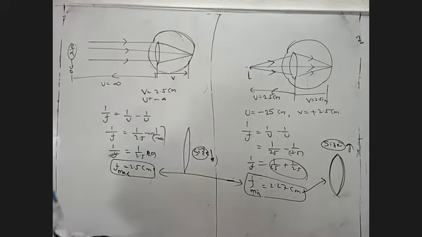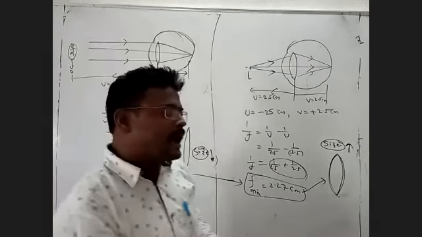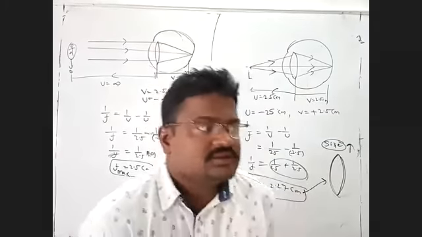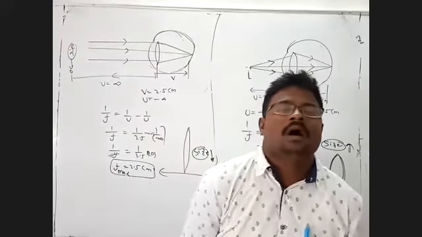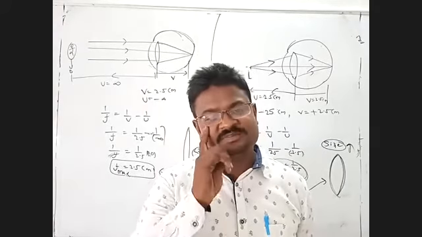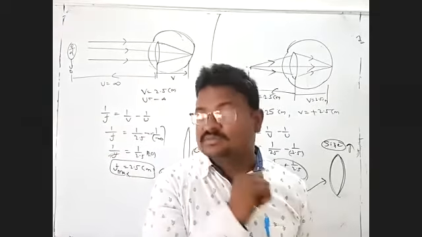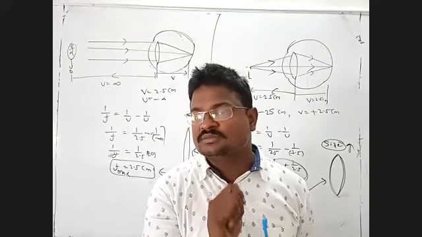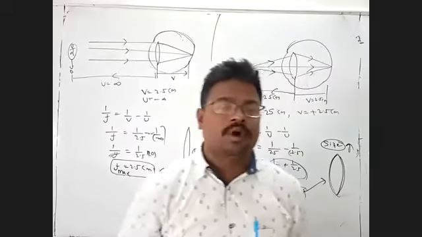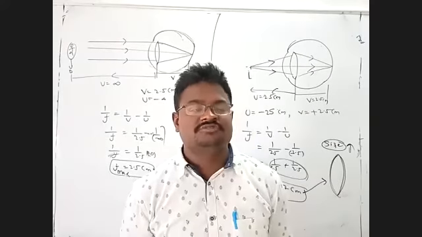Okay. Next, suppose for example the object is placed between infinity and the near point, LDDV, the least distance of distinct vision.